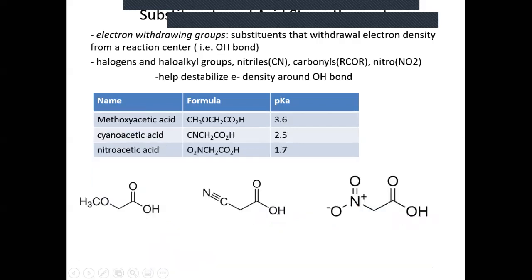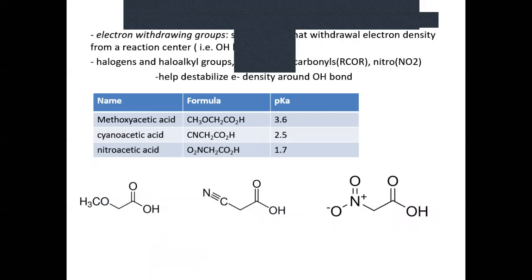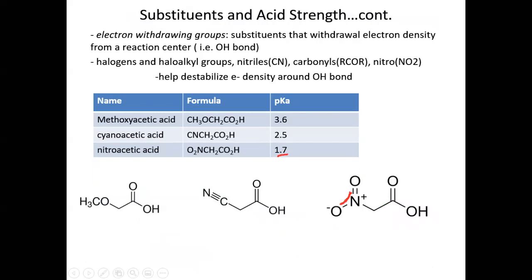So comparing fluoroacetic acid with nitroacetic acid, nitro is going to have a lower pKa, thus a stronger acid. The reason is that within the nitro group, you have resonance in addition to the nitrogen-oxygen double bond, so you have a lot of electron density being withdrawn from the reaction center.